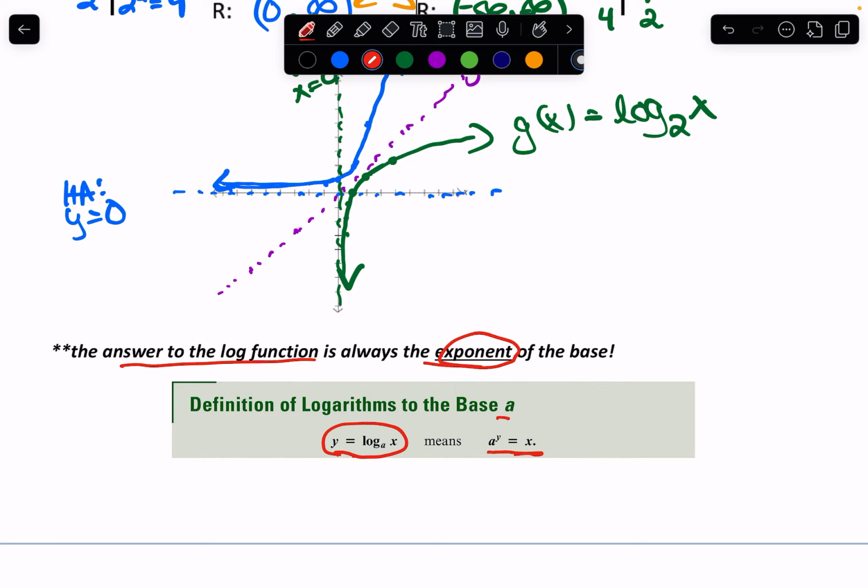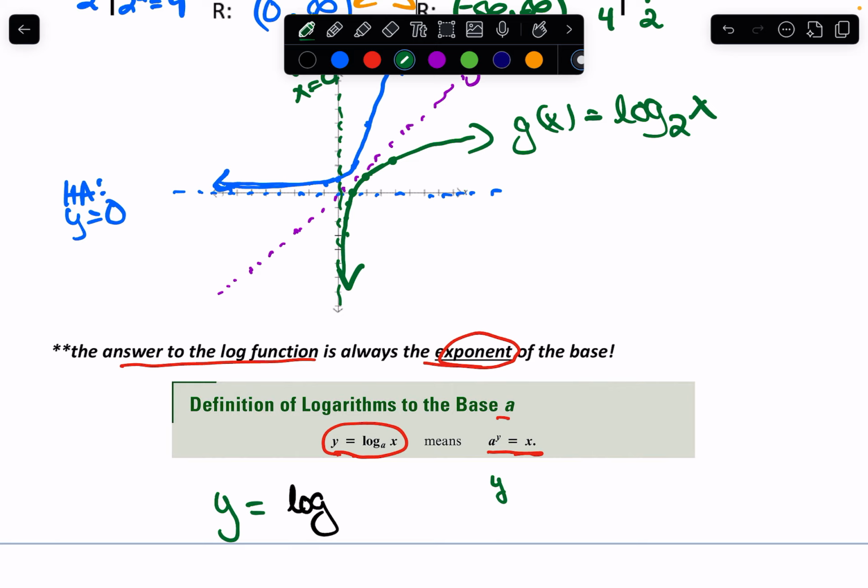So let me rewrite this. So we've got y equals log base a of x. When we're talking about the log function, that y is our exponent in the exponential function.